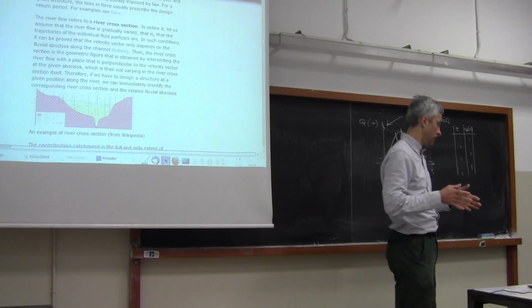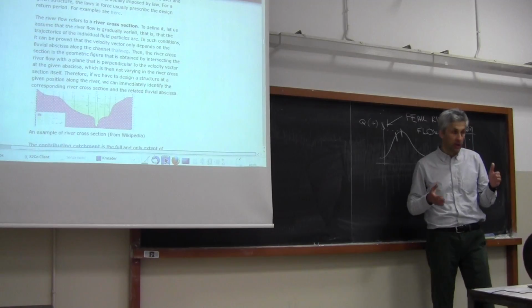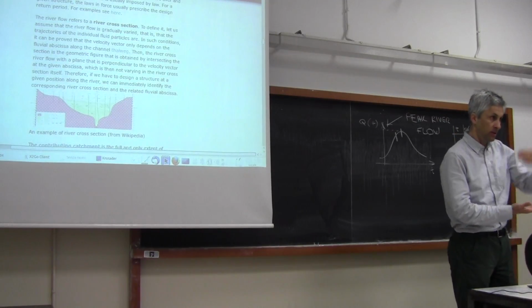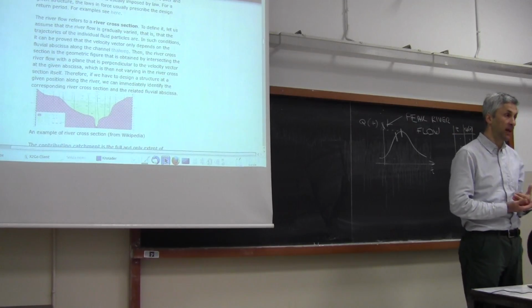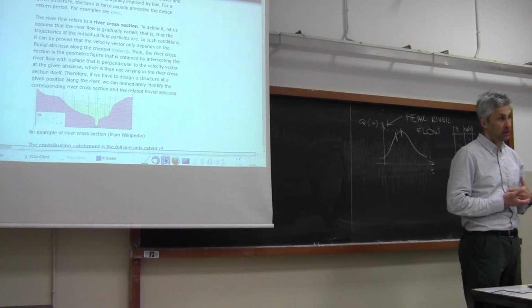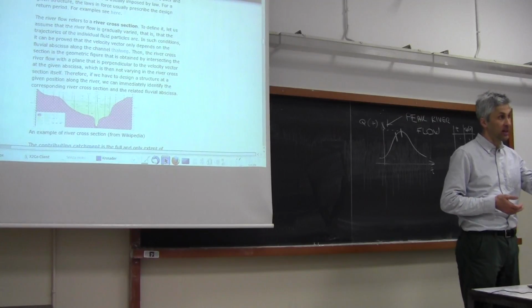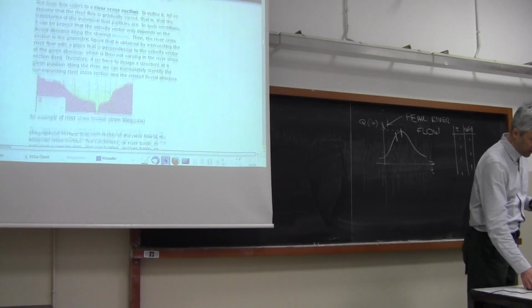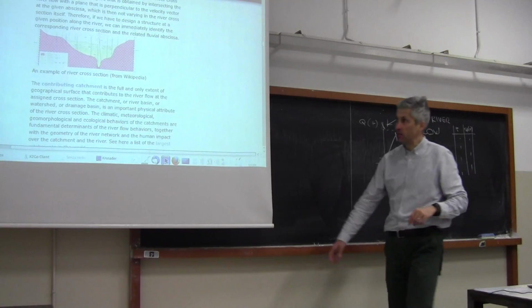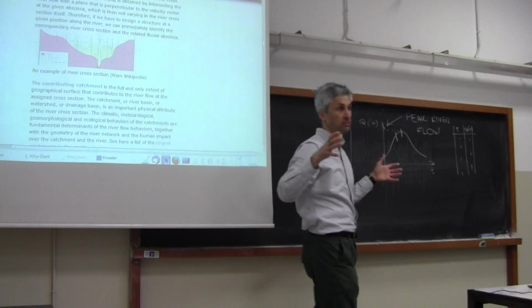So basically, the river is a water course, as we saw. If you cut the water course with a plane that is perpendicular to the velocity vector in this site, you get a geometric figure like this one, which is called the river cross-section.